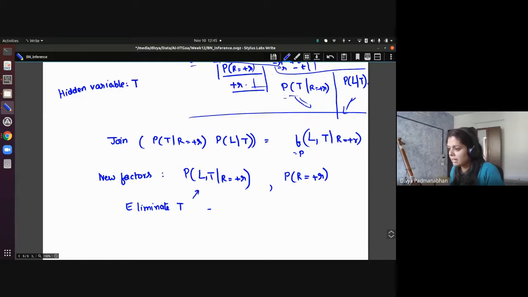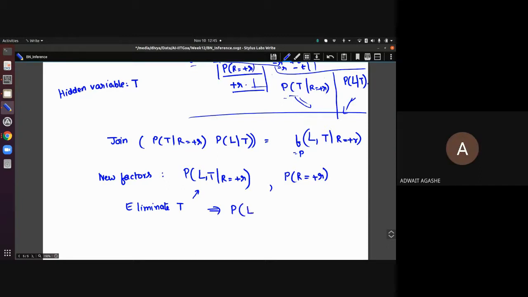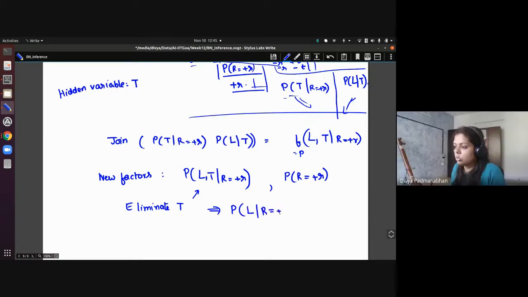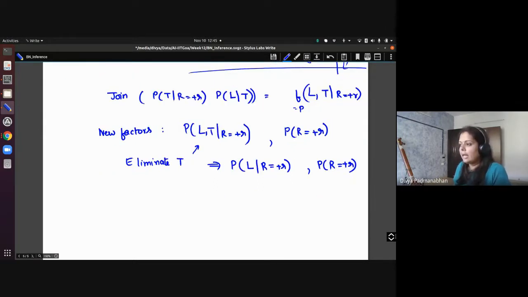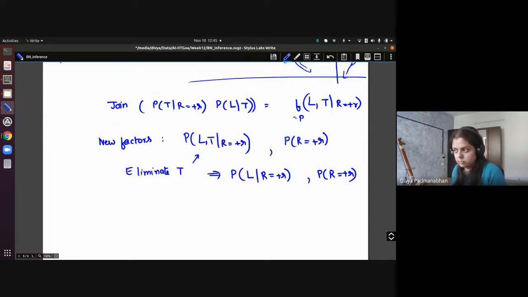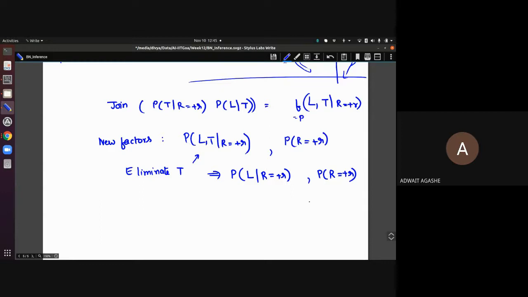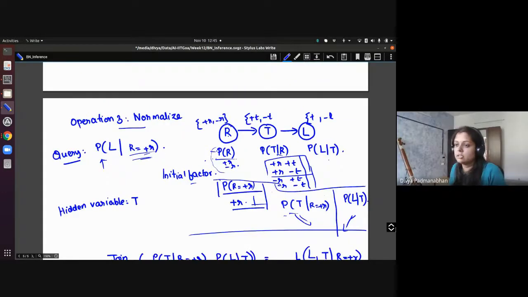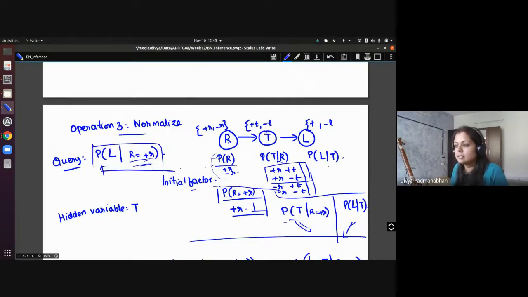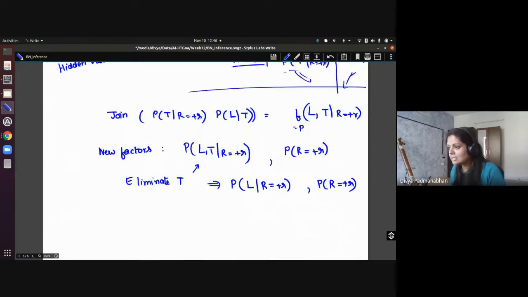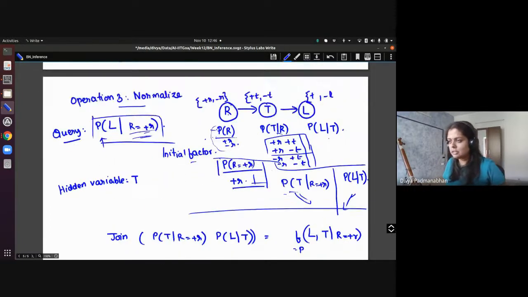That will give you P of L given R equal to plus R, and you have P of R equal to plus R. Now what do you do? We already got what we needed, right? This is what you wanted. So in this case, you're actually done here. You didn't need the normalize.